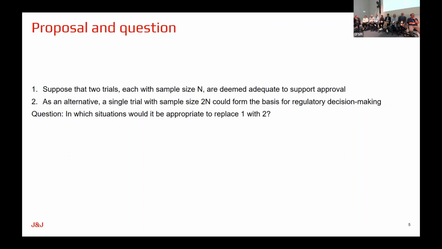But then again, as Katja mentions, if the trials are identical at the same sites, are there really two trials? Regarding in which situations it could be very beneficial to have one large trial, for example, for urgent vaccines or cases like that, an example immediately comes to mind where it could be very beneficial.